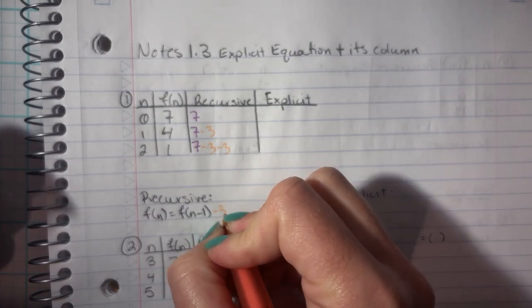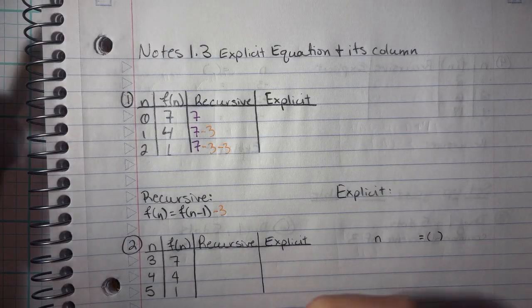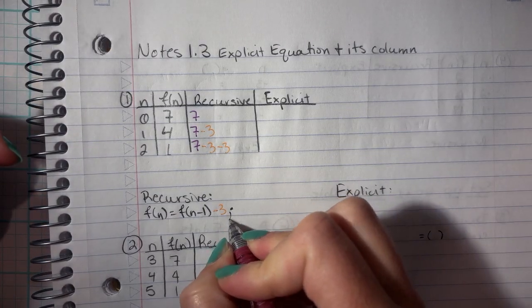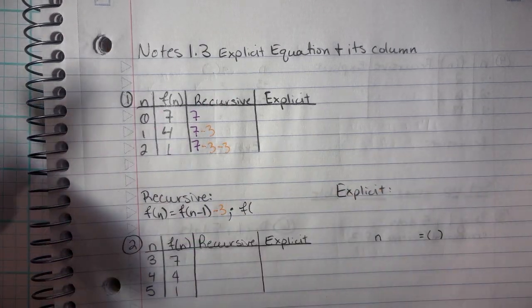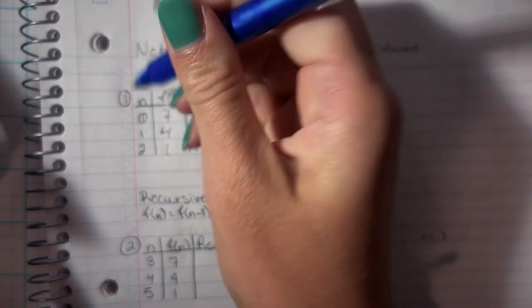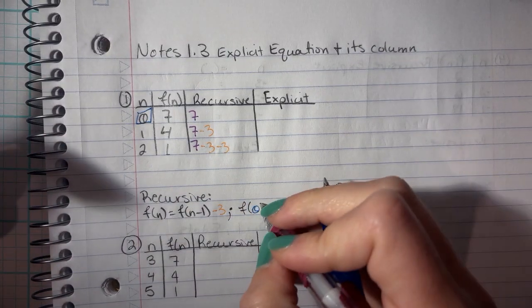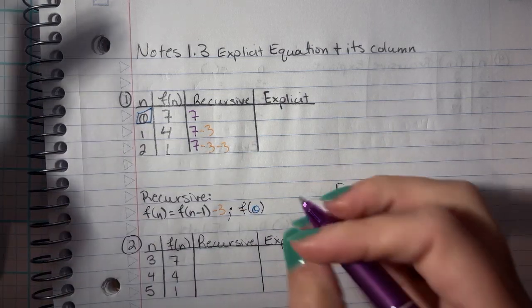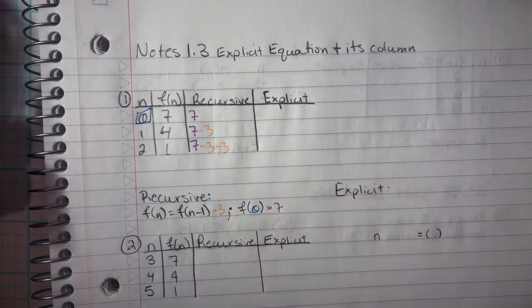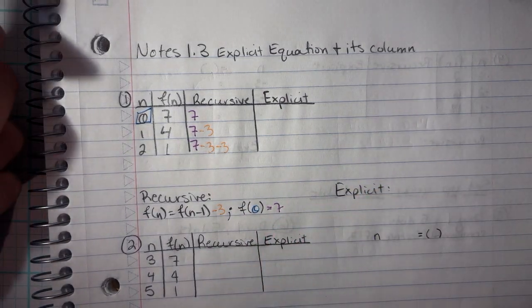And we are minusing 3 as we go down the table here. Given that we started with, in this case, 0, I got f of 0 equals that 7 that we have. Okay, so that's from the previous video.